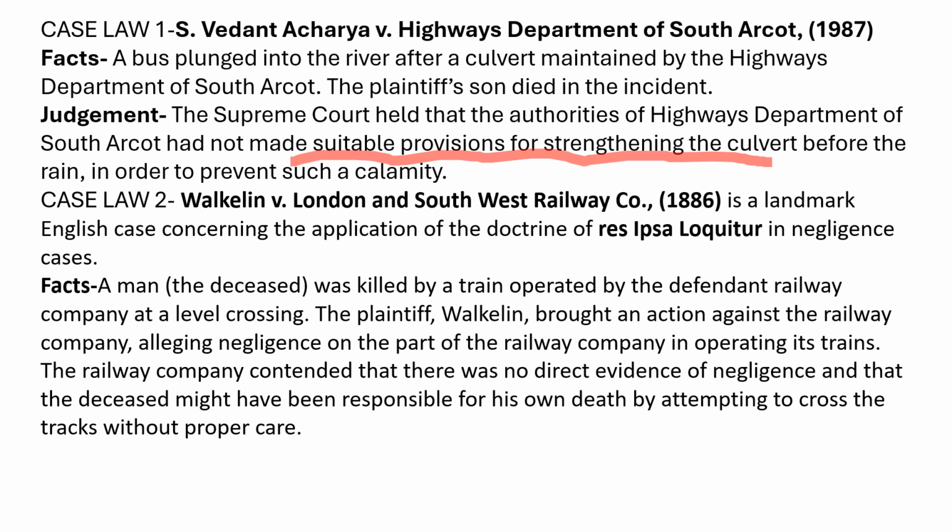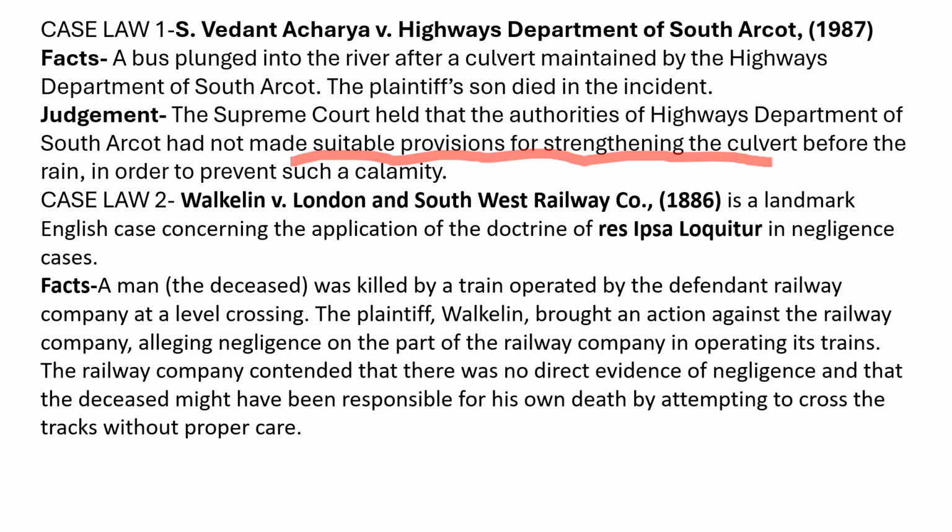Case law 2, Wakelin versus London and South Western Railway Corporation of 1886, is a landmark English case concerning the application of the doctrine of res ipsa loquitur in negligence cases. Facts: a man, the deceased, was killed by a train operated by the defendant railway company at a level crossing.